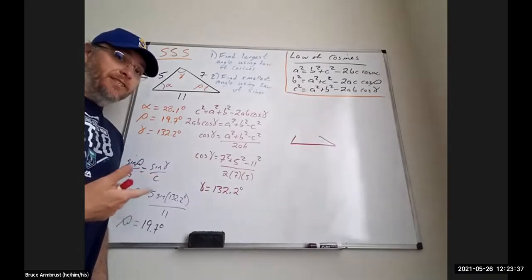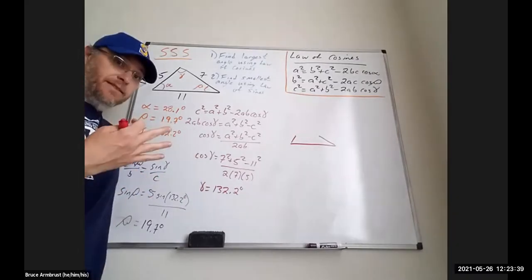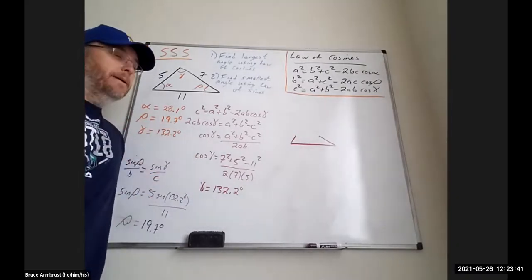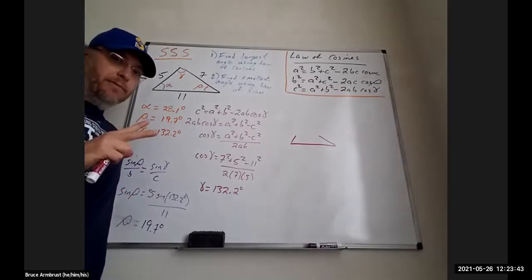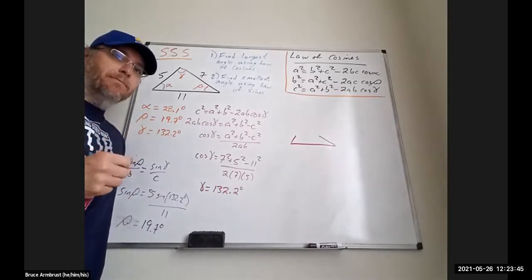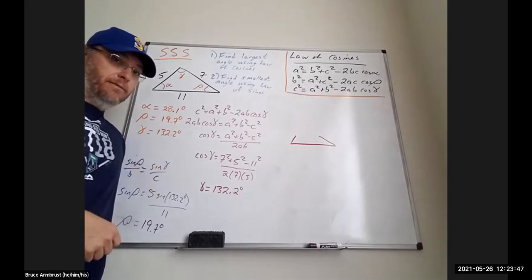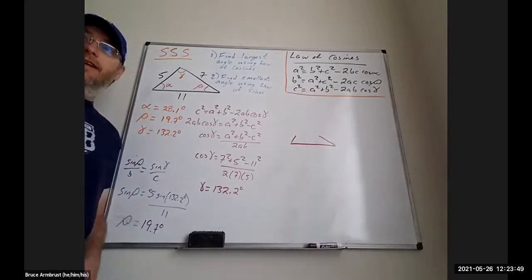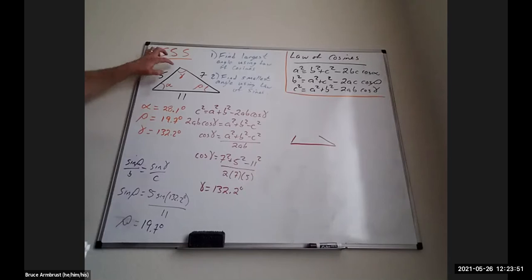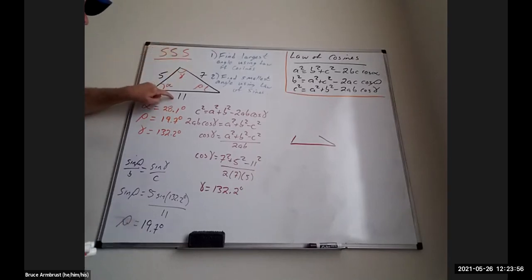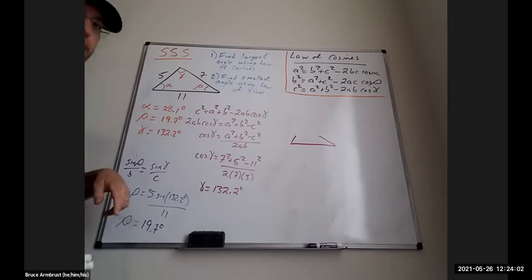But a real easy check, given 3 sides, to see if it can form a triangle, is that if you add up any 2 of them, it has to be bigger than the third, right? Like, look at this set here. You've got 5 and 7. Well, 5 plus 7 is 12. It's bigger than 11. 11 plus 7 is 18, which is bigger than 5. 5 plus 11 is 16, which is bigger than 7.